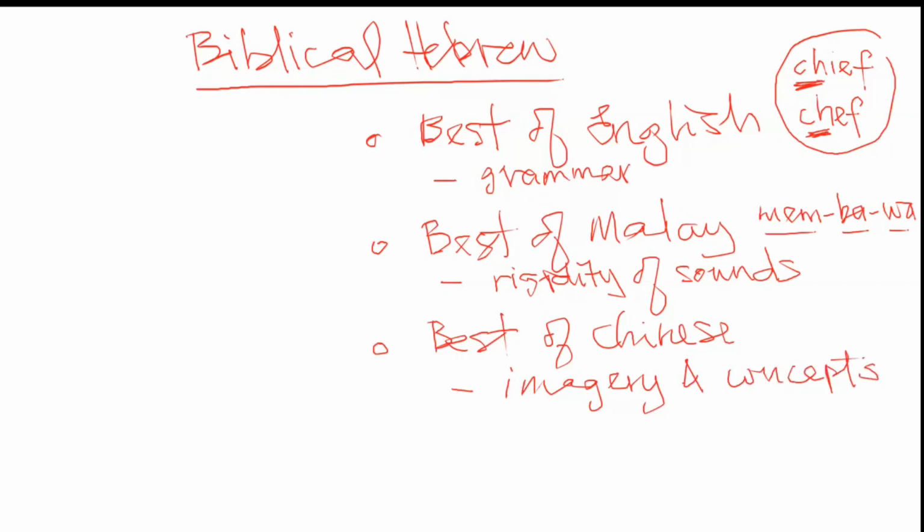It doesn't mean that if you don't know Chinese you are at a loss. I will teach you how to think Eastern, because biblical Hebrew is an Eastern language. It is not a Western language, so we cannot learn Hebrew like we learn Greek.